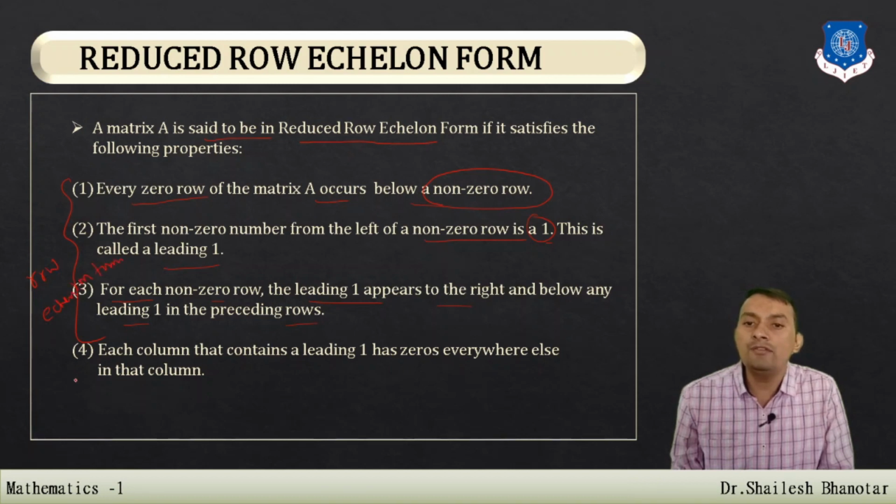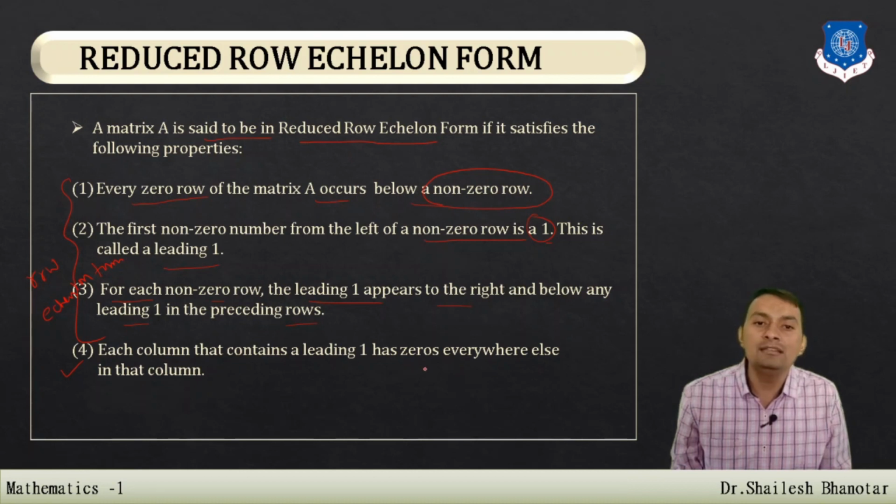Now what we have to do is, each column that contains a leading one has zeros everywhere else in that column. That means, for example, if I say 0 1 2 3, 2 3 5, 0 0 0, whenever we consider this matrix, the last row is nothing but 0 at the bottom, it's okay.